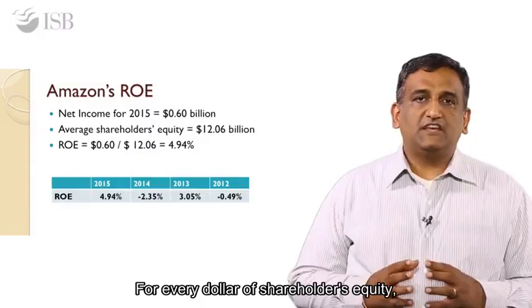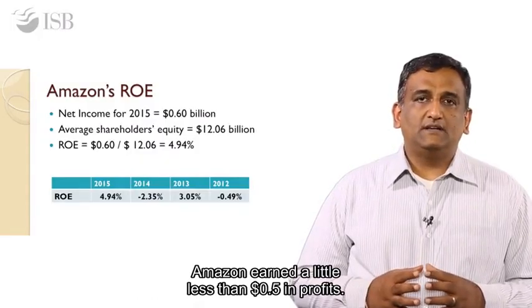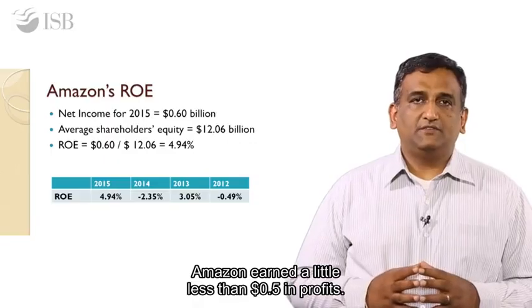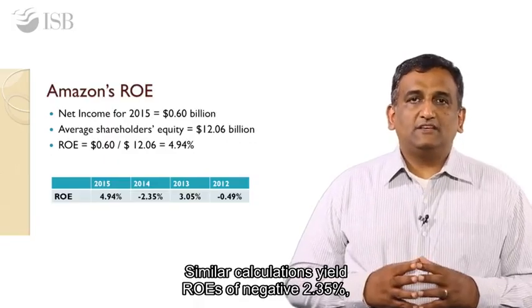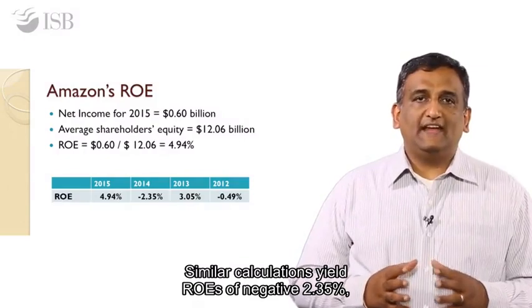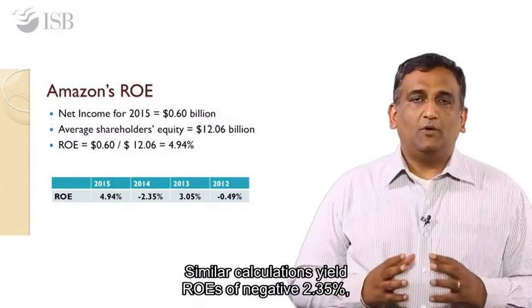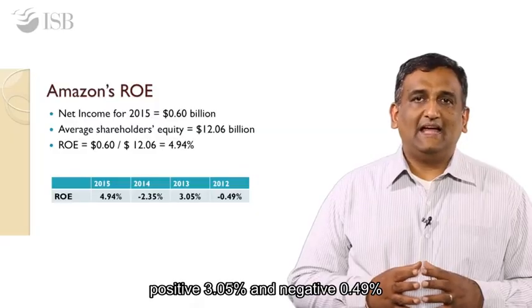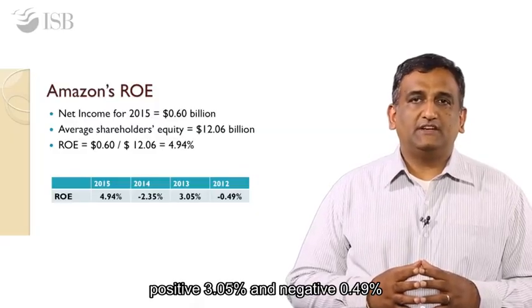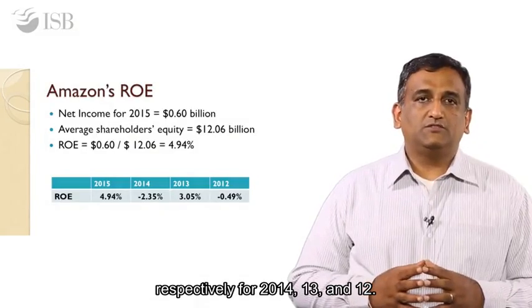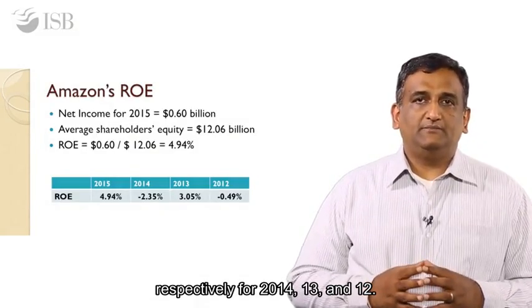For every dollar of shareholders' equity, Amazon earned a little less than 5 cents in profits. Similar calculations yield ROEs of negative 2.35%, positive 3.05%, and negative 0.49% respectively for 2014, 13, and 12.